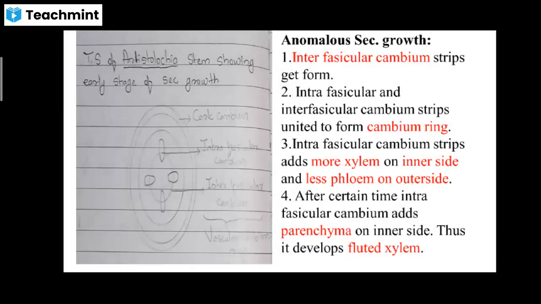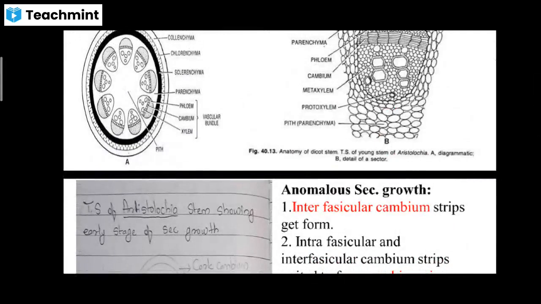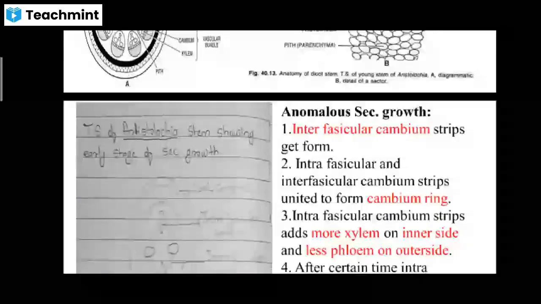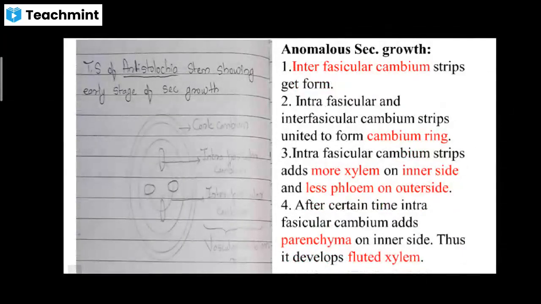Normally, in the primary structure we saw the cambium between xylem and phloem, that means the intrafascicular cambium is already there. Whenever secondary growth starts, in the first stage the interfascicular cambium forms strips between two vascular bundles. Then in the second stage, the intrafascicular and interfascicular cambium strips are united and form the cambium ring.